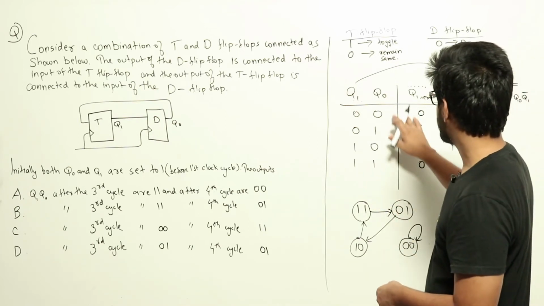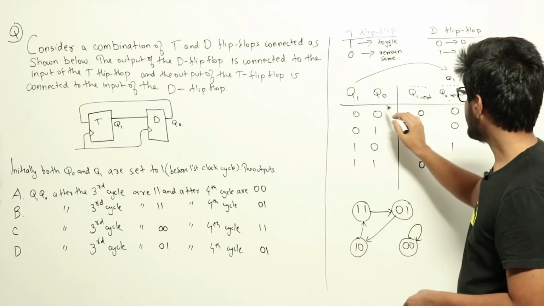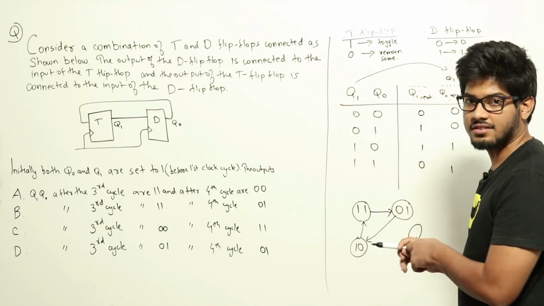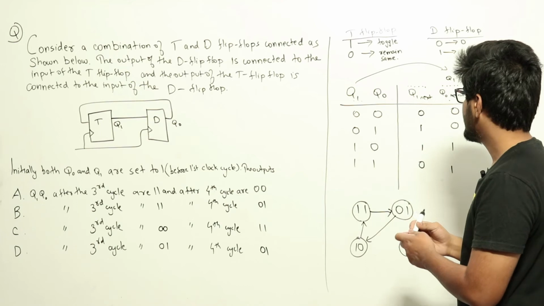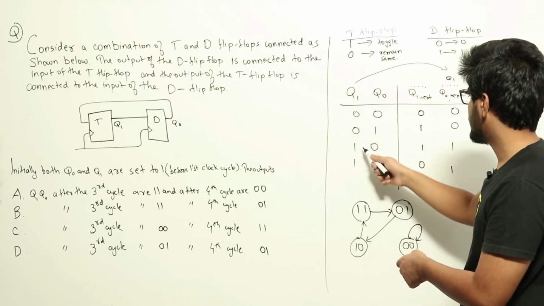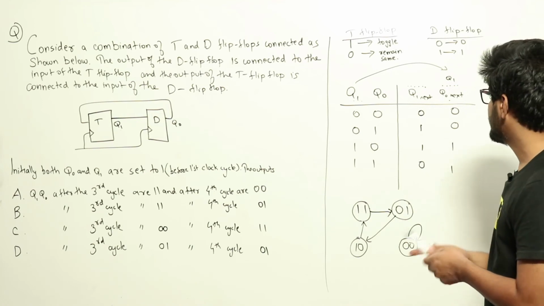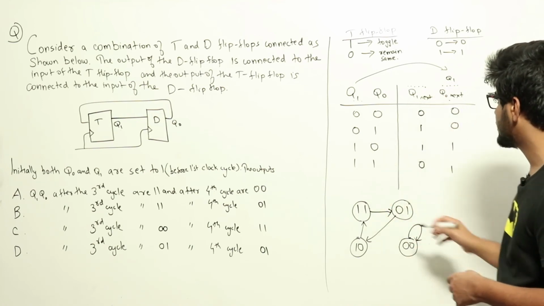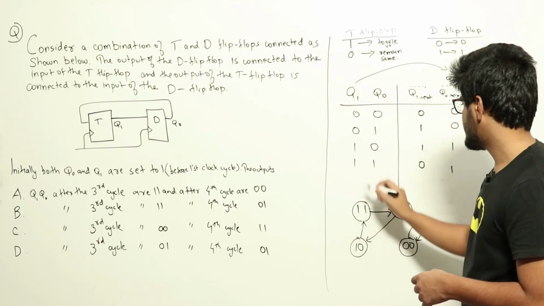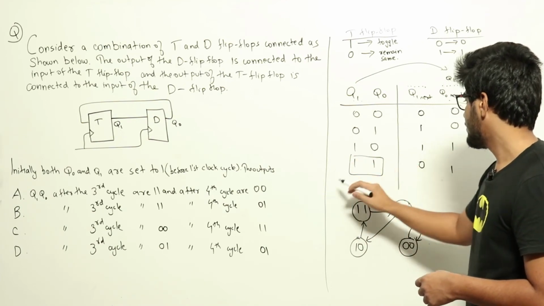So these are how the states move to the next state for each possible configuration: 00, 01, 10, 11. We will draw the transition diagram and see how it proceeds. Suppose we take the state 11.